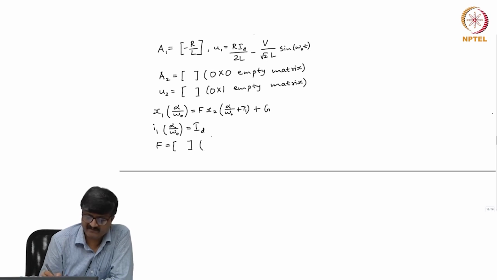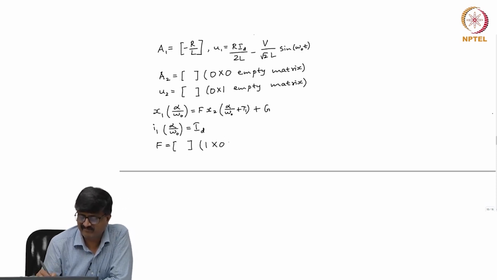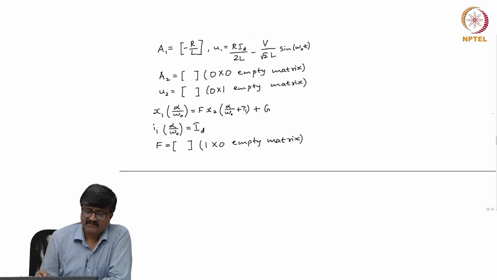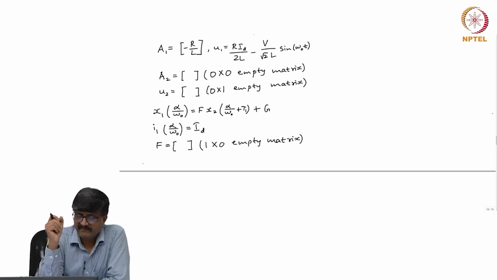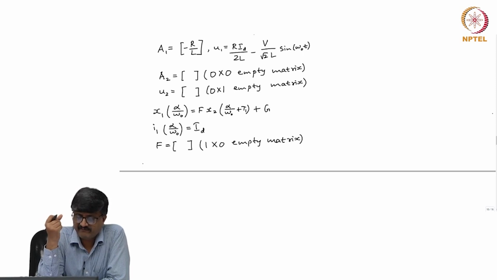So, the size of f is 1 cross 0. From the size of x1 and x2, I can find the size of f. Since f is an empty matrix and x2 is also an empty matrix, the product f x2 is actually a 1 cross 1 matrix which is equal to 0.